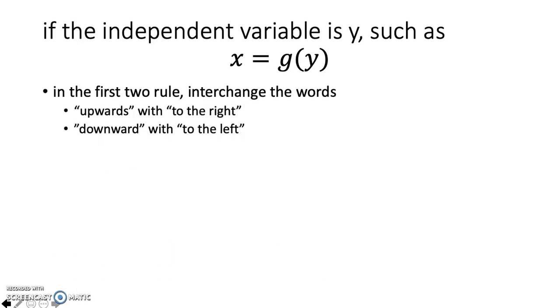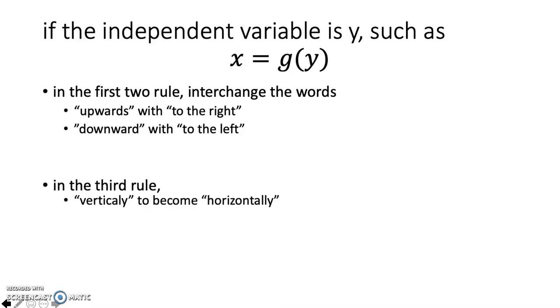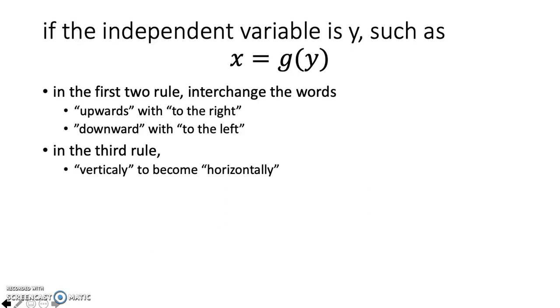With the same changes from our previous example, all we need to do is, in the first 2 rules, interchange the words: upward becomes to the right, and downward becomes to the left. In the third rule, we change the word vertically to horizontally, and in the last rule, y-axis becomes x-axis.